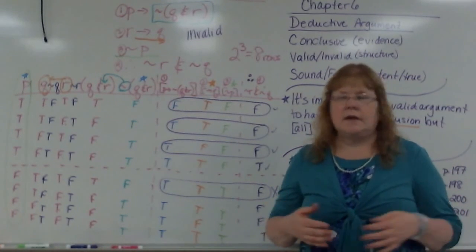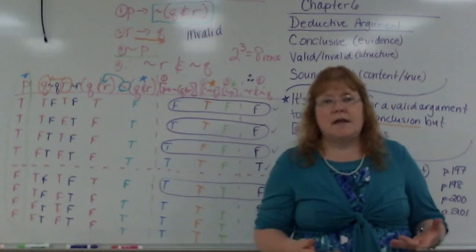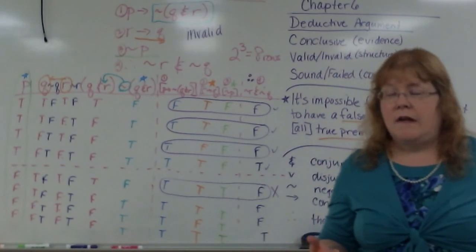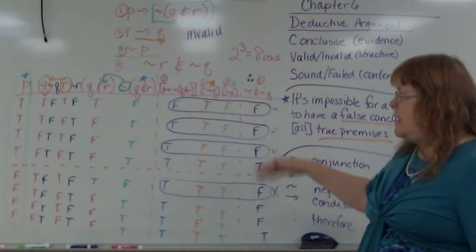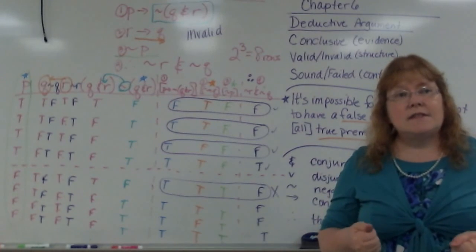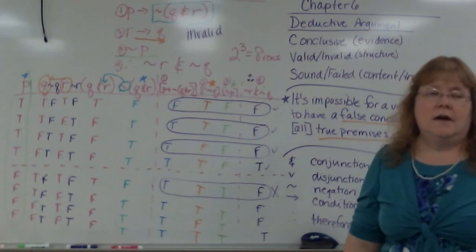Okay, it's not always the same thing. And so a truth table like this could represent a database filled with clients, filled with customers. And you have to ping out the ones that don't fit and make sure that the ones that need it get it, okay? All the truths.